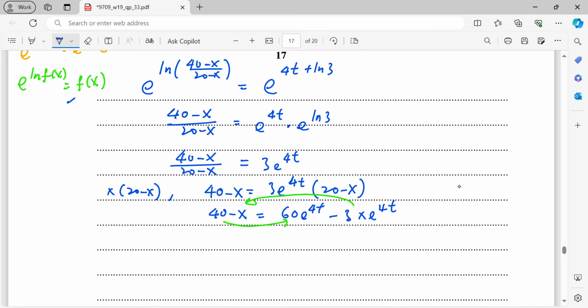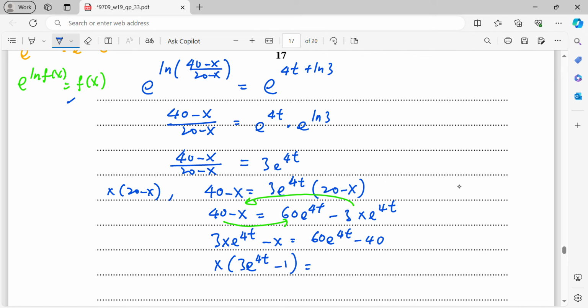Okay, so I will be getting 3xe^(4t) minus x, that equals 60e^(4t) minus 40. Then now here, to get x as the subject, I will be getting x times 3e^(4t) minus 1.